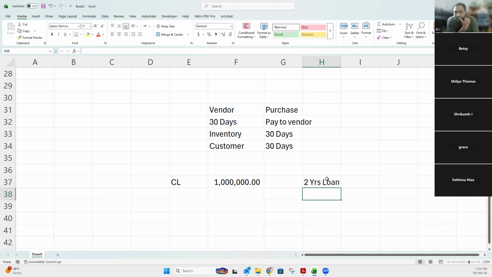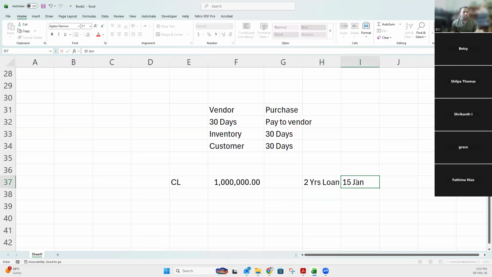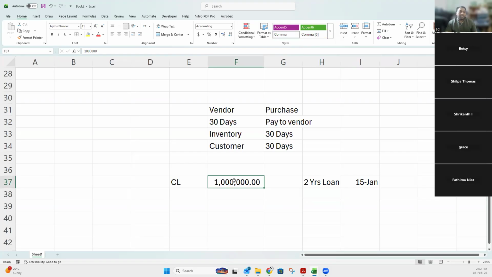But this happens when? Even after the balance sheet date. So you completed your books on 31st December, you closed it, everything. At that time, the 1 million is under current liability. But on 15th of January, you made an arrangement with the bank to finance this short-term liability with a long-term liability.